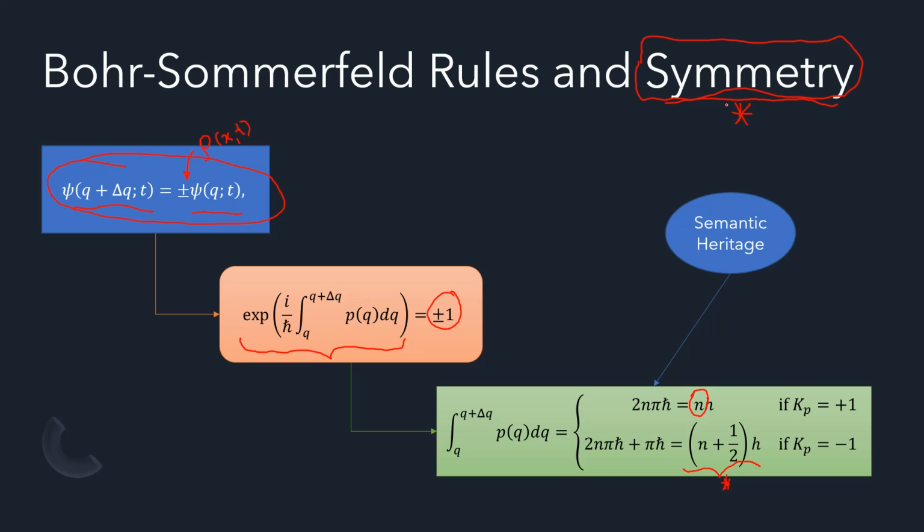The semantic heritage that will come from here is related to the fact that when we have symmetry, of course, we have this integral representing a discrete change in momentum, a discrete transfer of momentum in some experiments. This will help us, as we will see in the next video, interpret the wave-like phenomena in corpuscular terms only.